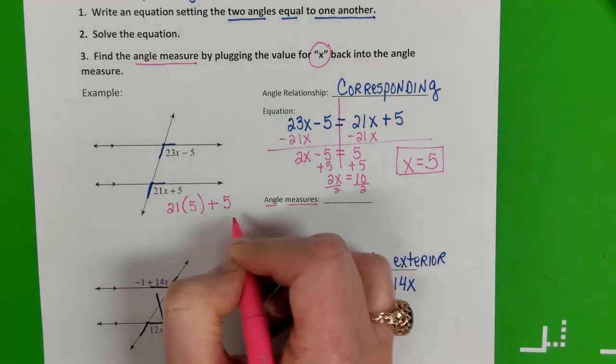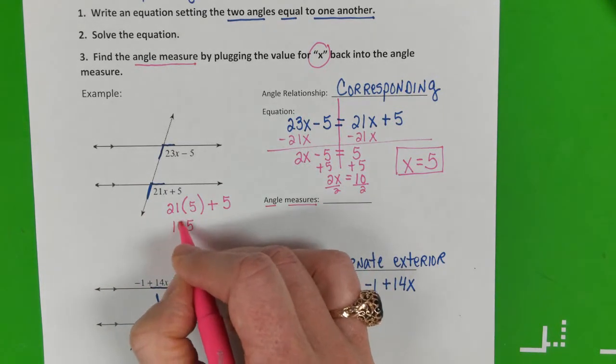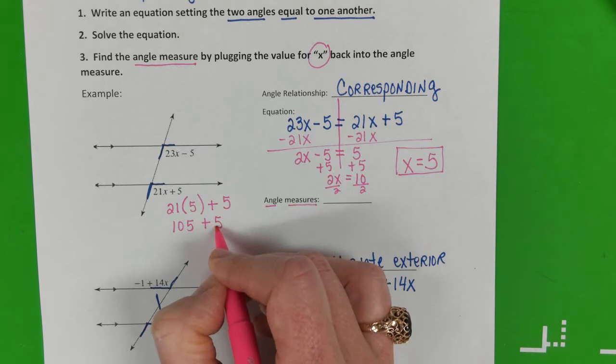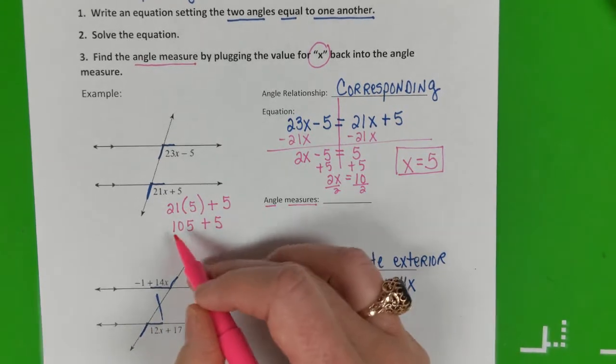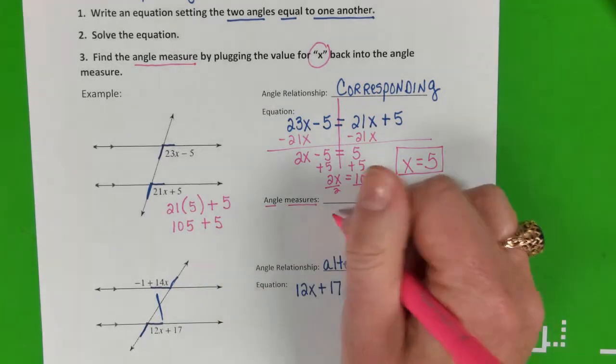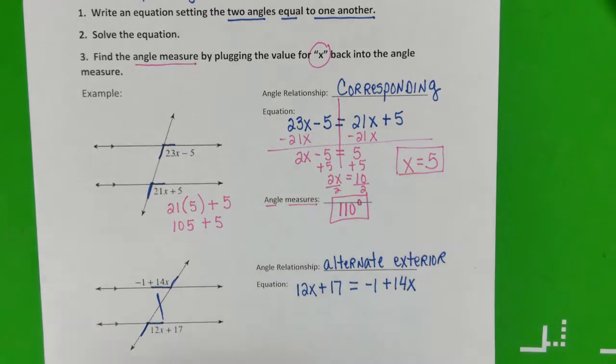And this is, pick up your calculator. You don't have to do this with your own brain. That's perfectly acceptable to type it in just like that into your calculator. 105 plus 5 is 110. And so each of those angles is 110 degrees.